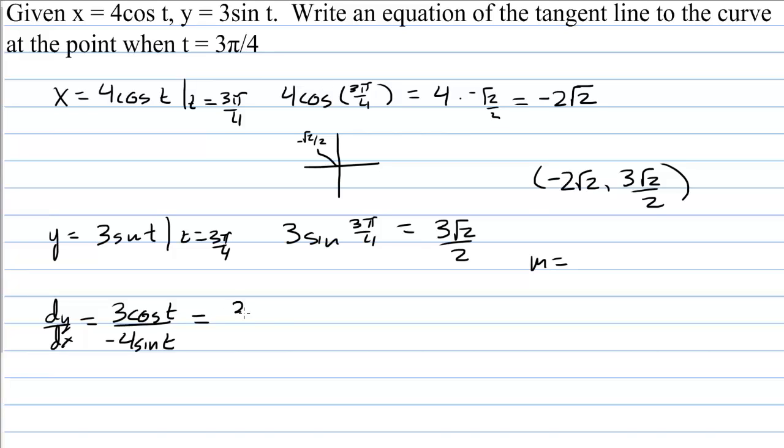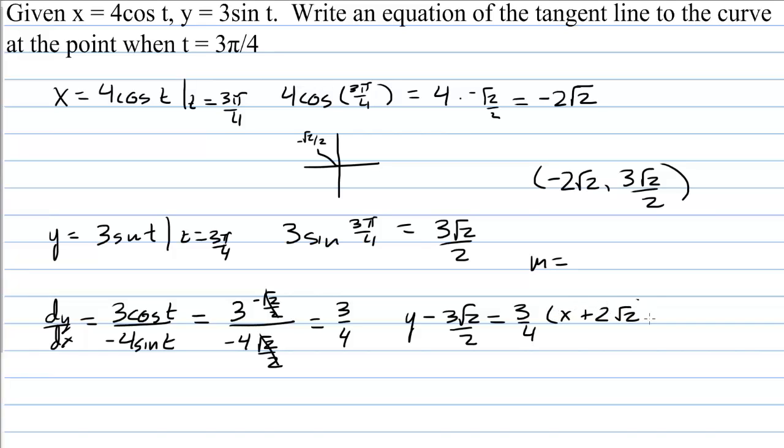So we have 3 times negative square root of 2 over 2, over negative 4 times square root of 2 over 2. Negative over a negative is a positive. These are going to cancel out, so the slope is 3/4. The equation of the line is y minus 3 square root of 2 over 2 equals 3/4 times x plus 2 square root of 2.